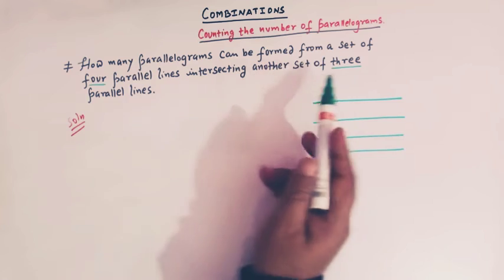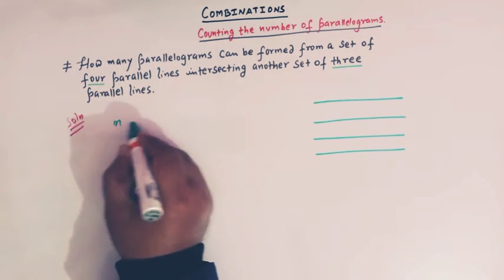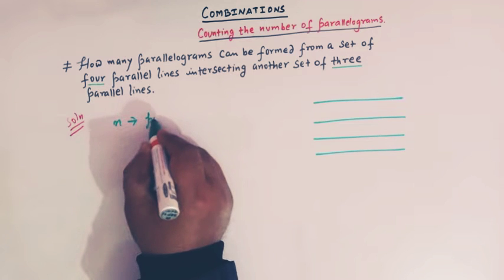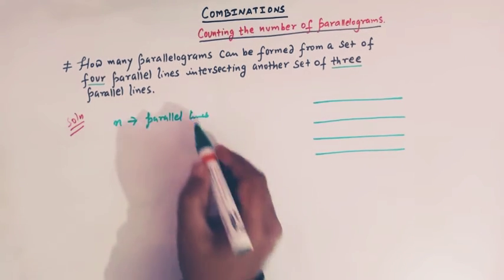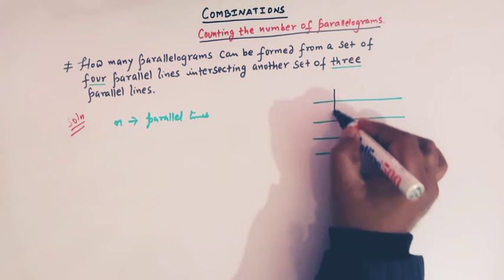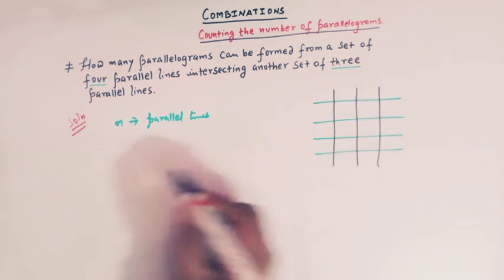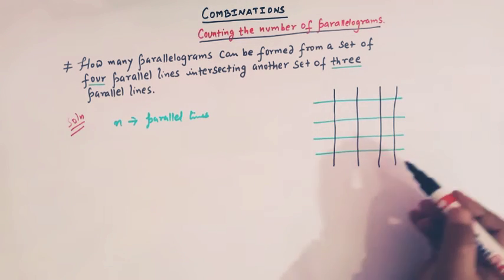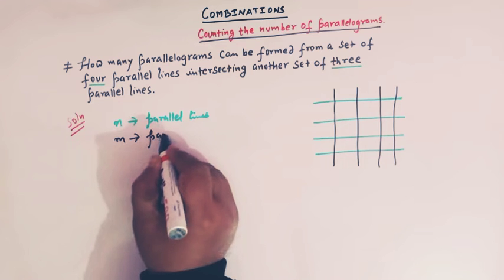In this case we had 4 parallel lines, and here we can take n parallel lines, right? And these n parallel lines are intersected by another set of say m parallel lines, right, like this. So suppose here we have m parallel lines, right?